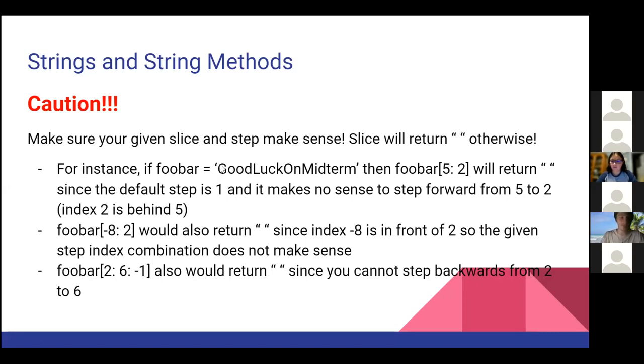If I'm going step 2, I'm considering this character, then this character, then this character, and so on, up to wherever you're ending. If it's a negative number, then you're moving backwards. Whatever you're starting at, you're going to move back from that to wherever you're ending at. Does that make any sense? Yes. Okay, no problem.